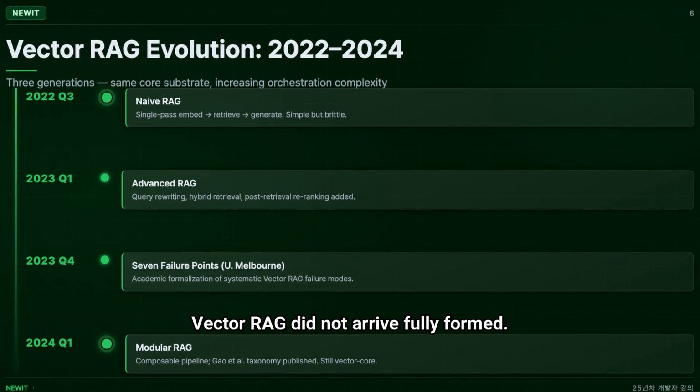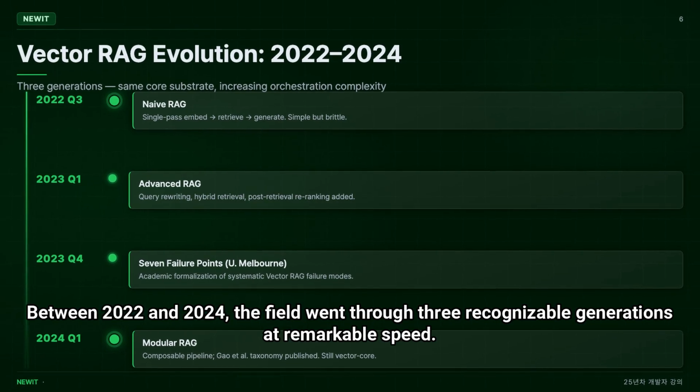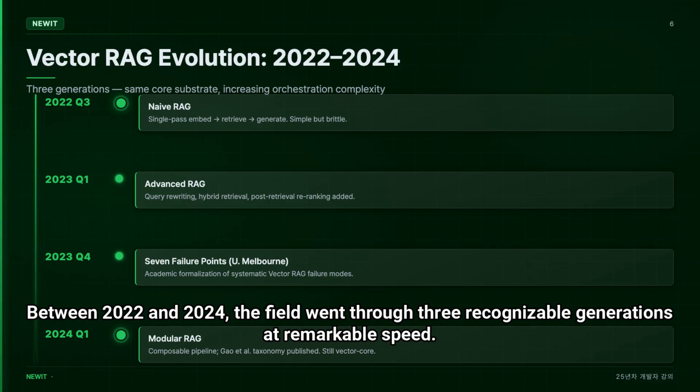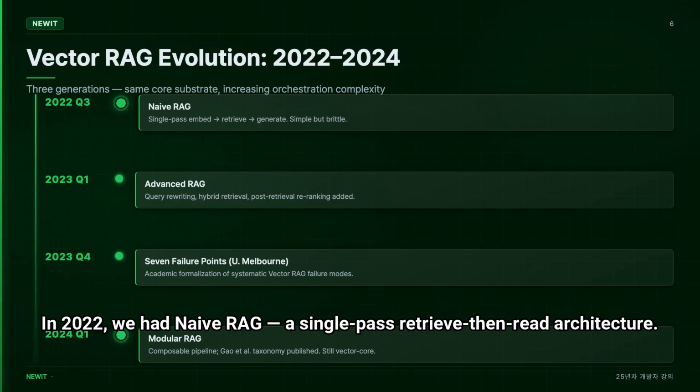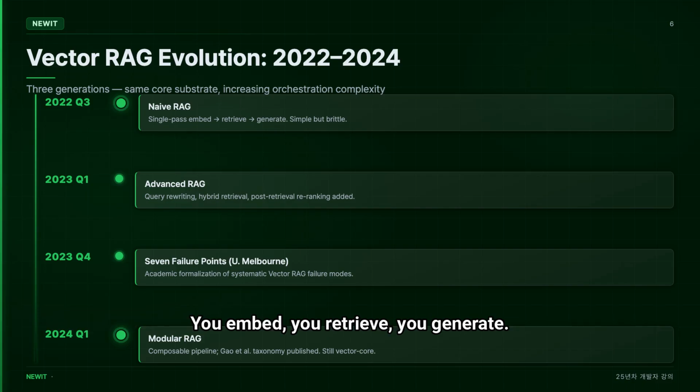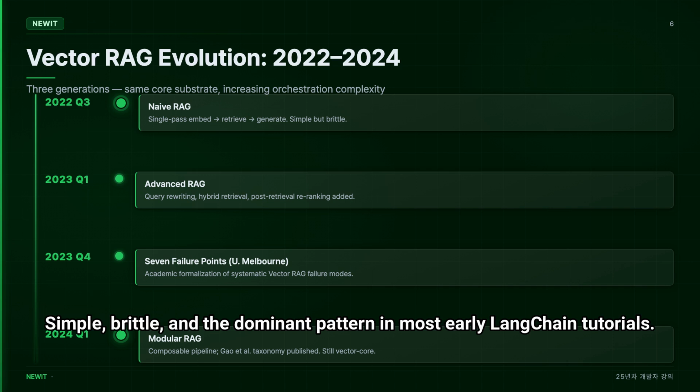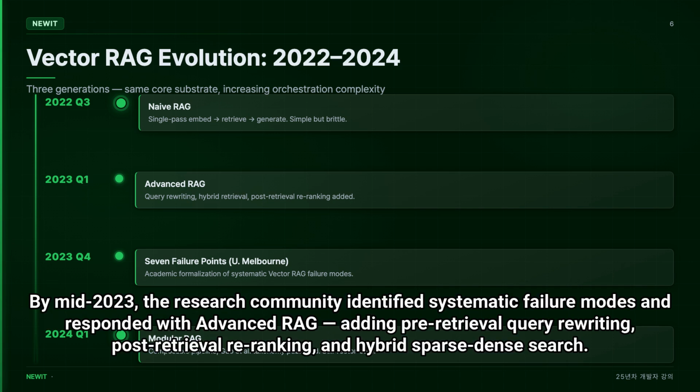Vector RAG did not arrive fully formed. Between 2022 and 2024, the field went through 3 recognizable generations at remarkable speed. In '22, we had naive RAG, a single pass retrieve-then-read architecture. You embed, you retrieve, you generate. Simple, brittle, and the dominant pattern in most early LangChain tutorials. By mid-2023, the research community identified systematic failure modes and responded with advanced RAG, adding pre-retrieval query rewriting, post-retrieval re-ranking, and hybrid sparse-dense search.